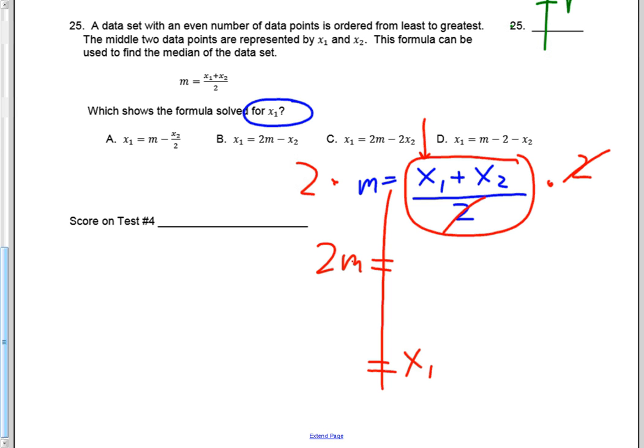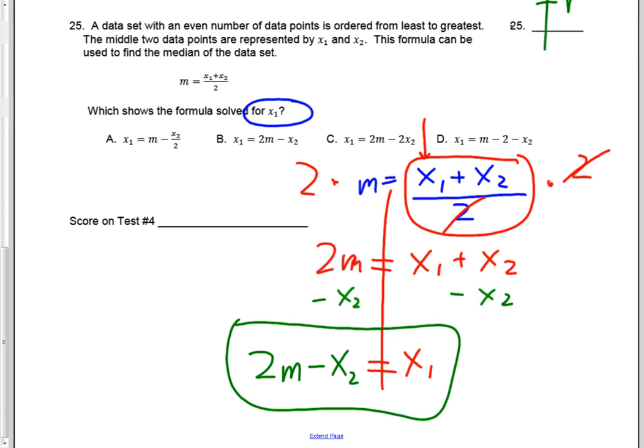I just write 2m. What's left here? I've almost got it. How do I get rid of this? I can't do anything with this. I just write it. 2m minus x2. Does that look like any of my choices? Which one has 2m minus x2?